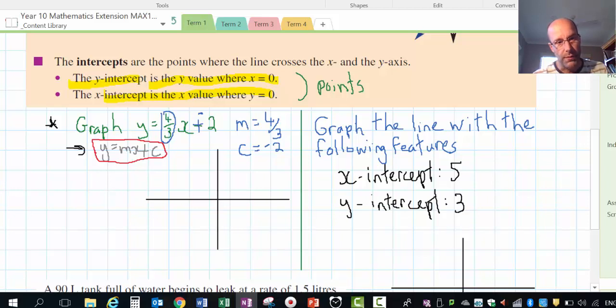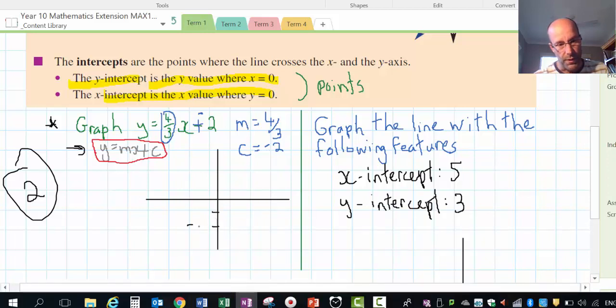So then we're ready to graph it, because you only need two pieces of information to plot a linear graph, and the two we've got here are gradient and y-intercept. Now the y-intercept is a point, as I mentioned, so if we had -2 down here, we've got a point. Now what do we do to work out where another point is?